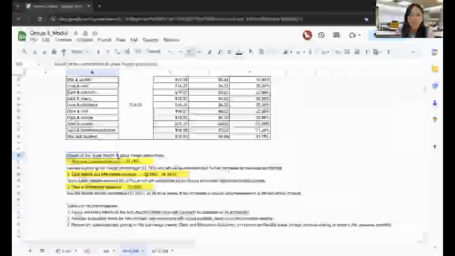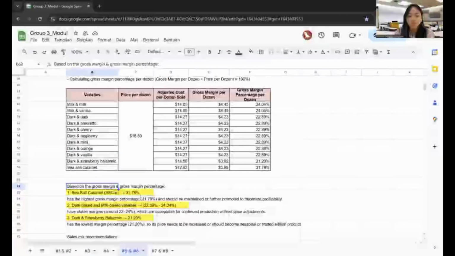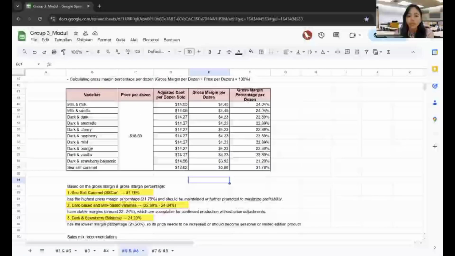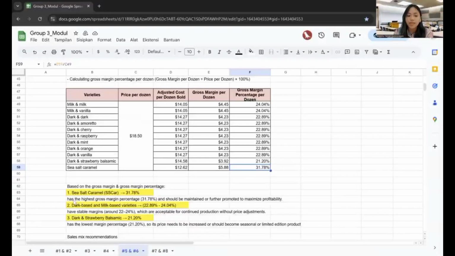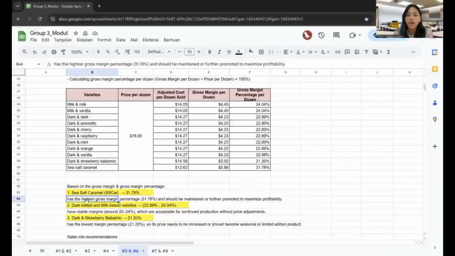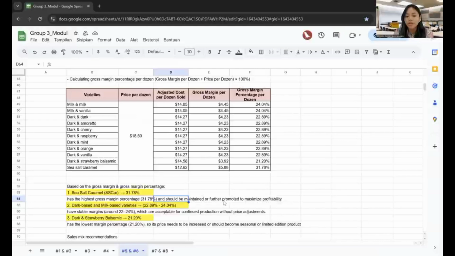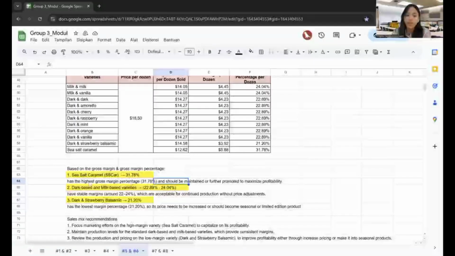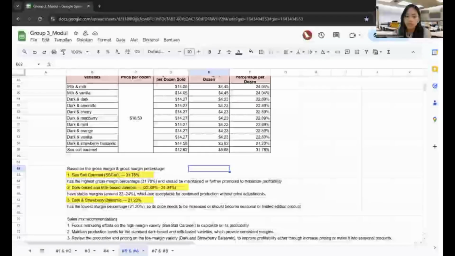So based on the gross margin and gross margin percentage, we can see that the first one, the sea salt caramel, which has the percentage of 31%, means that the sea salt caramel has the highest gross margin percentage and should be maintained or further promoted to maximize profitability. And the second one, the dark base and milk base varieties, which have a standard percentage between 20% and 24%.